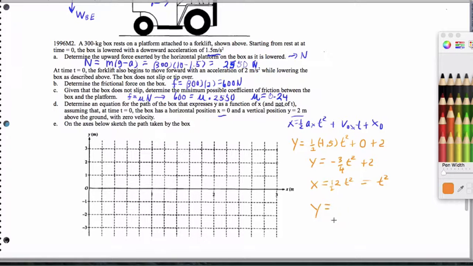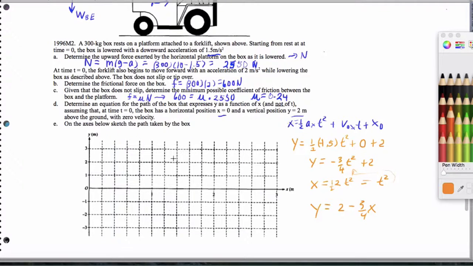So I'm going to end up getting that y equals negative 3/4 t squared plus 2. Let's just be clear. x is t squared, so where I see t squared, I can rip that out and put in an x. So I'm getting y equals 2 minus 3/4 x.